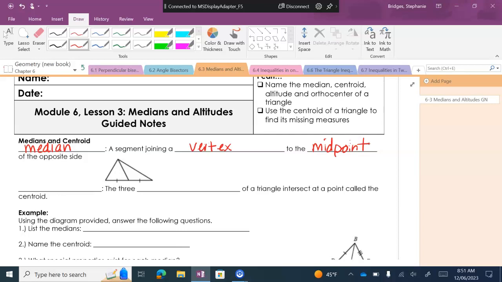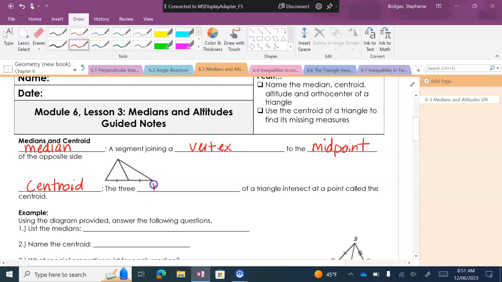Everybody okay so far? All right. And then the centroid is the next definition. Centroid is how you say that.